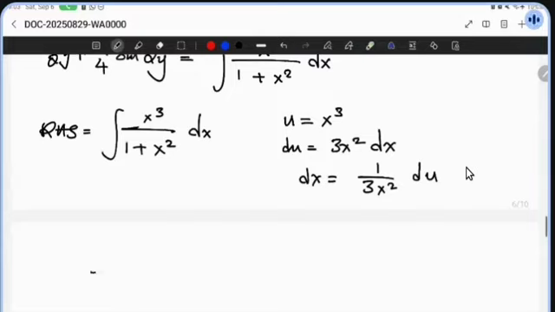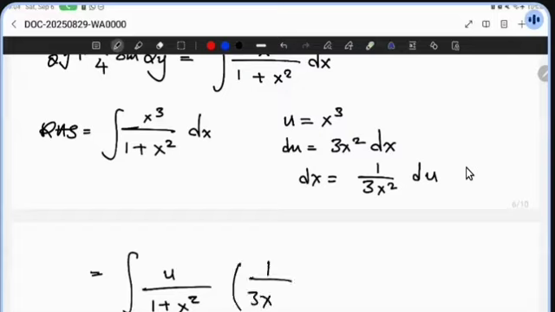When you substitute this time around, you get u over 1 plus x squared, and dx you're putting 1 over 3x squared du. See that you've got no way of getting rid of this. This is not working.